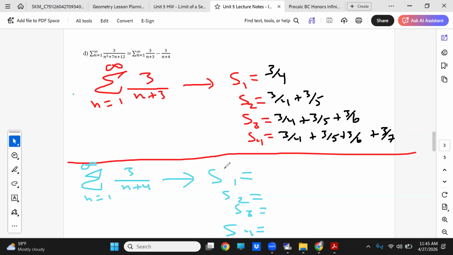Now for the blue. What's the first partial sum? 3/5, right? What's the second partial sum? What's the third partial sum?